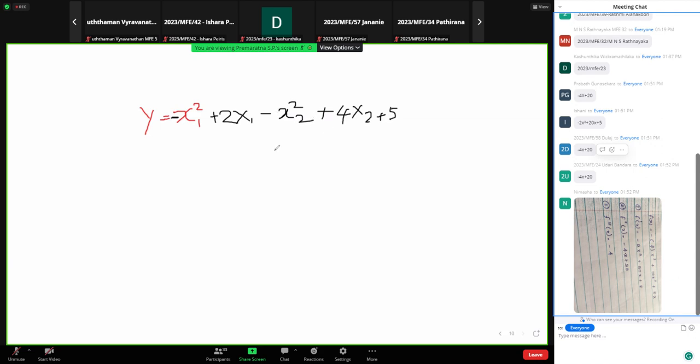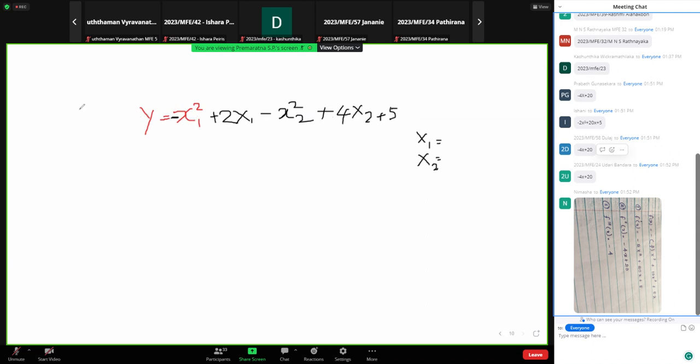What we have to do is find the optimal point, the value of x1 and x2. Later on you can see whether it is a minimum point or a maximum point. Here you can see the key variable y, x1 and x2.